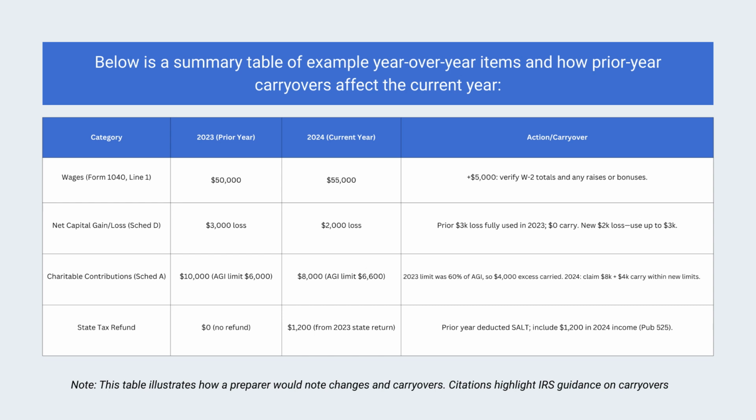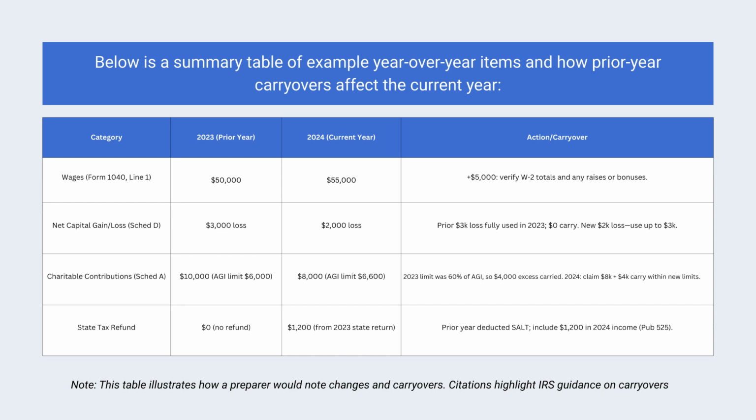So what happens? First, they deduct as much of the current year donation as they can. $8,000 is over the limit, so we cap it at $6,600. But we can also apply some of the prior year carryover. In total, they may be able to claim the $8,000 plus a portion, up to $4,000 of that carryover, depending on the remaining AGI room.